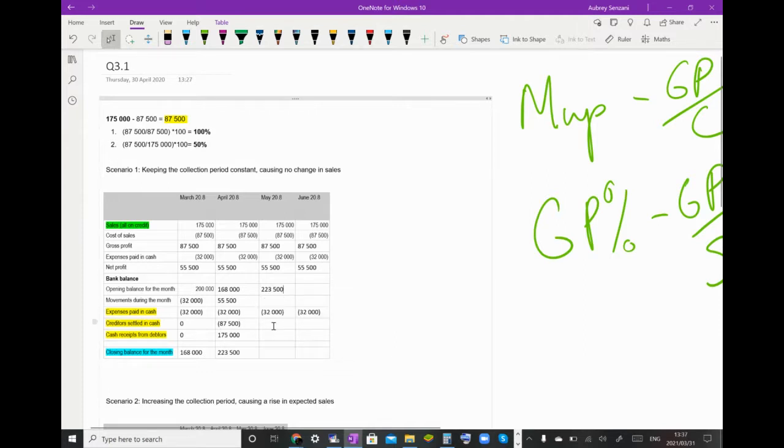And then we do the exact same thing here under our creditors settled in cash. Remember, there's a 30. So what we took out, cost of sales, is pretty much our purchases from the previous month.